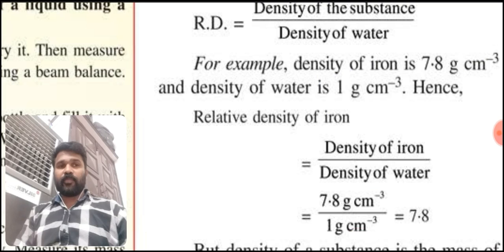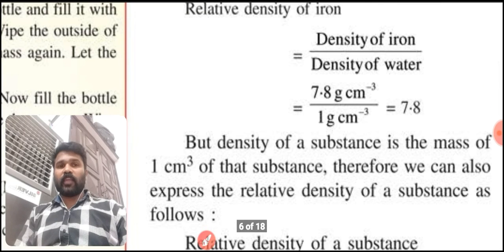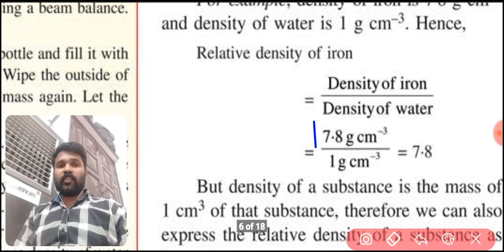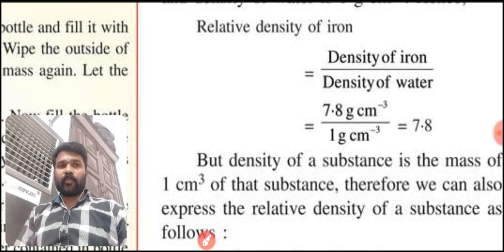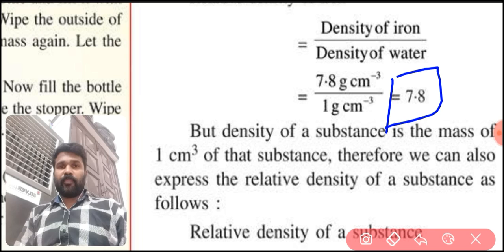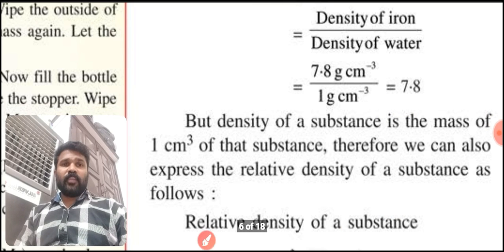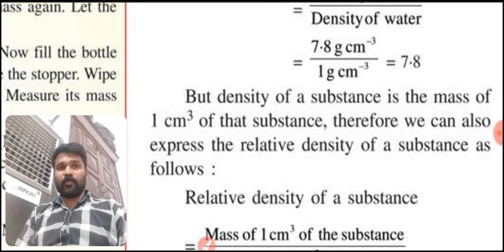Substitute these values in this relation. We will get 7.8 upon 1 gram per centimeter cube. Okay, that is 7.8.